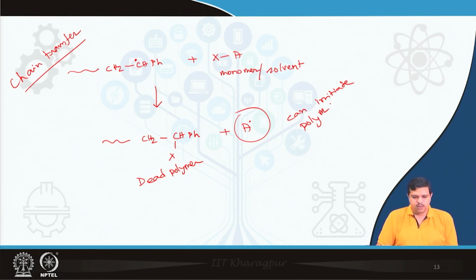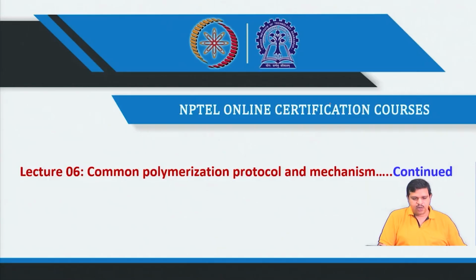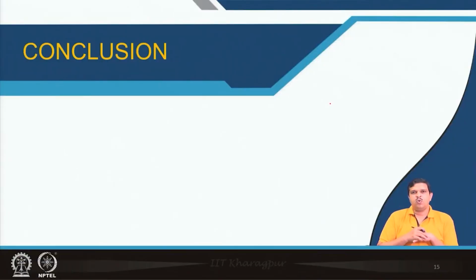So, as the summary, free radical polymerization is very well known and widely used in polymer synthesis, but the problem is that you cannot really have good control over the polymer architecture and the molecular weight.